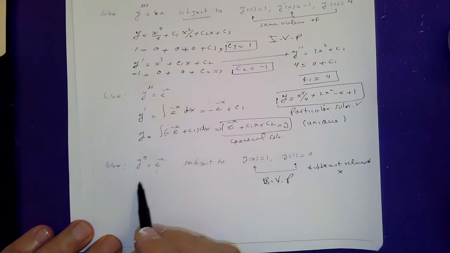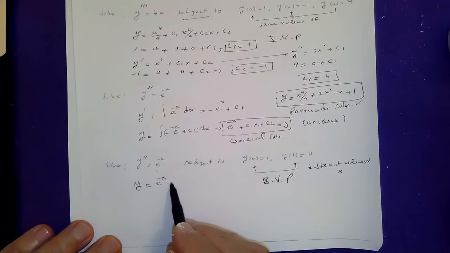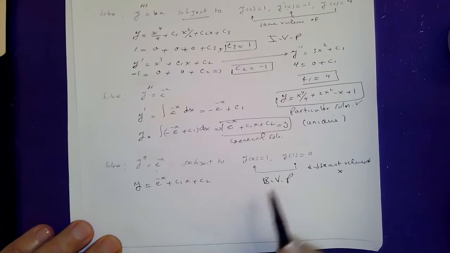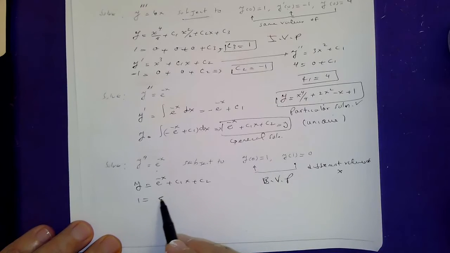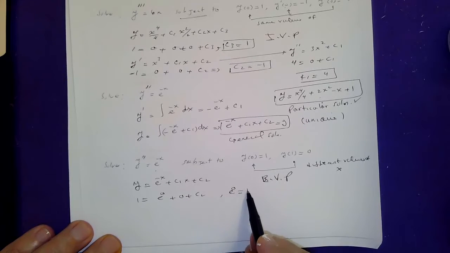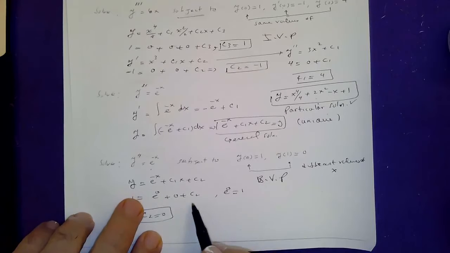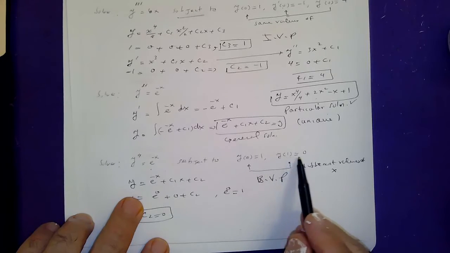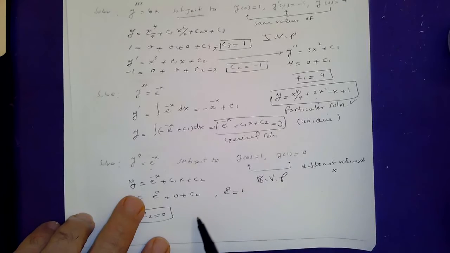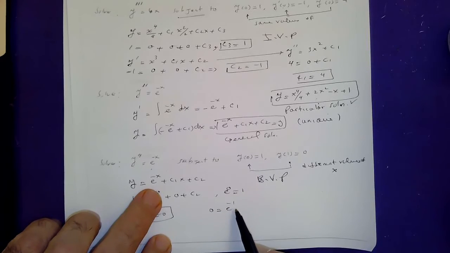So now we found out the general solution is what? e to the negative x plus c1x plus c2. Now let's apply the conditions. Well, y is 1 when x is 0. Is that right? So remember, e to the 0 is 1, so c2 is 0. Now I don't have to take a derivative because the conditions are based on the function itself, the solution itself. But this time I'm supposed to replace y with 0 and x with 1.